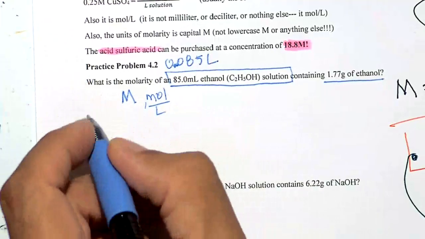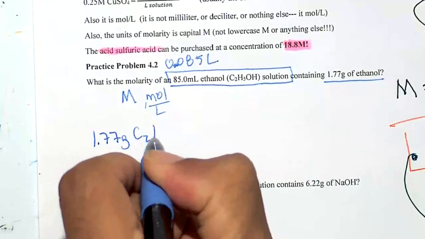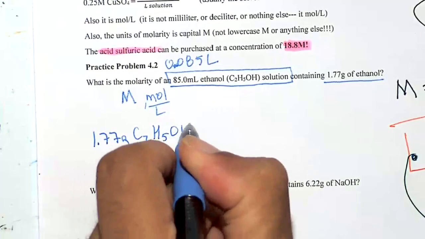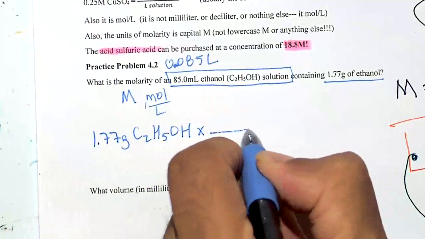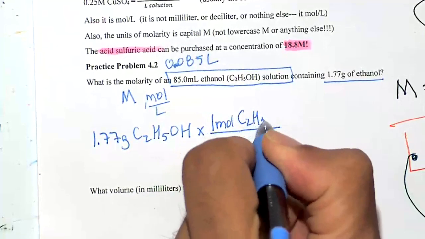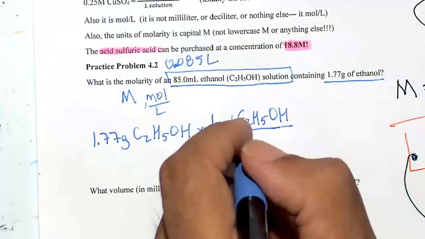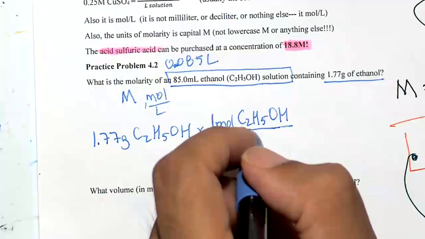All right, so 1.77 grams of ethanol. How many grams are in 1 mole of ethanol?